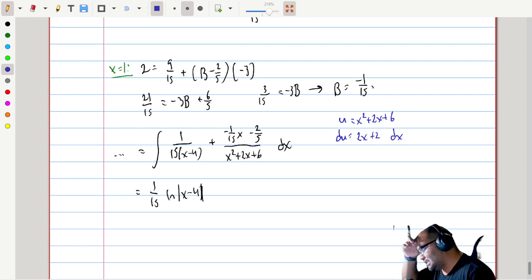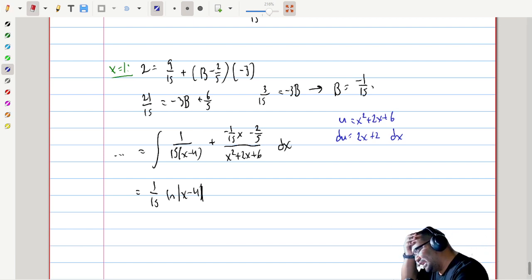And I'm off by some scale factors here. There's some completing the squares that you can do here.